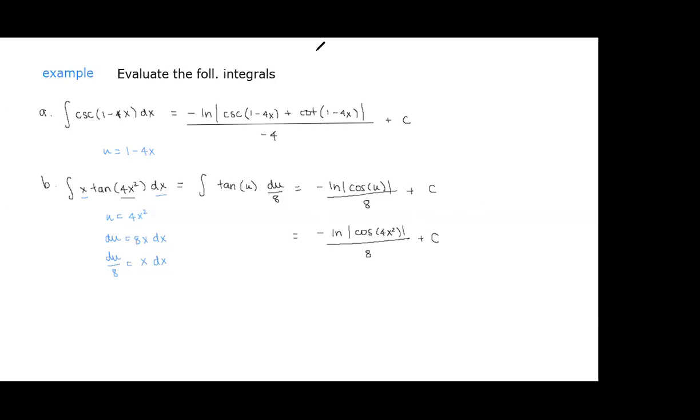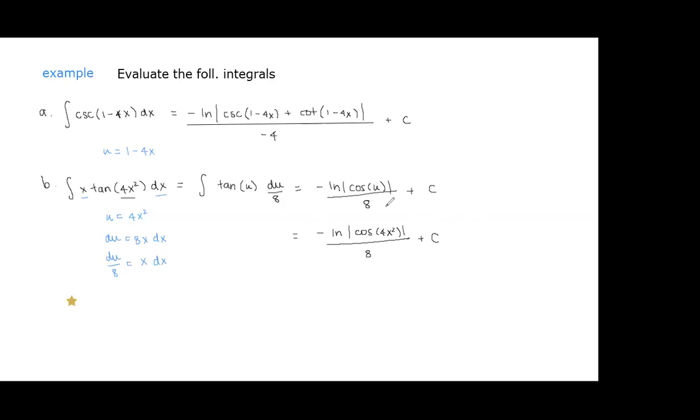Now, I want to give you a warning, because sometimes you'll try to look for solutions online and you'll find answers that are a little bit different. That happens very frequently with trigonometric functions because there are a lot of equivalences between trig functions.